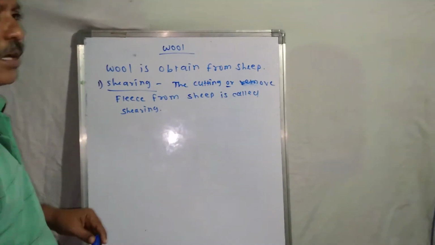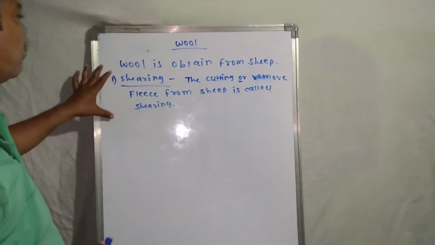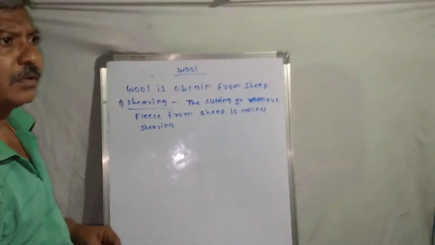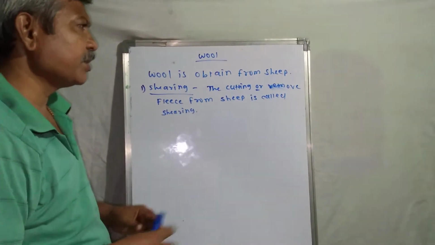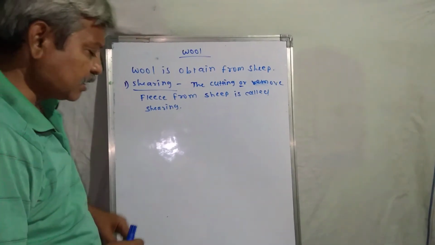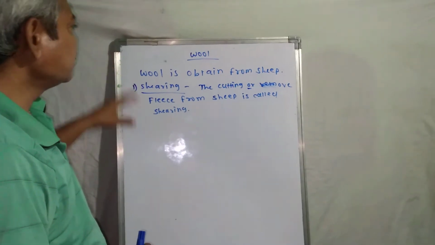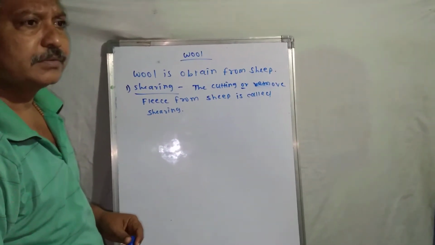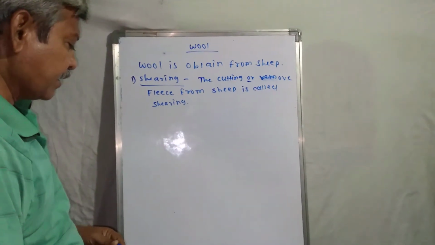Australia is the country which rears sheep in huge quantity, and they are the main supplier of woolen fibers to the whole world.